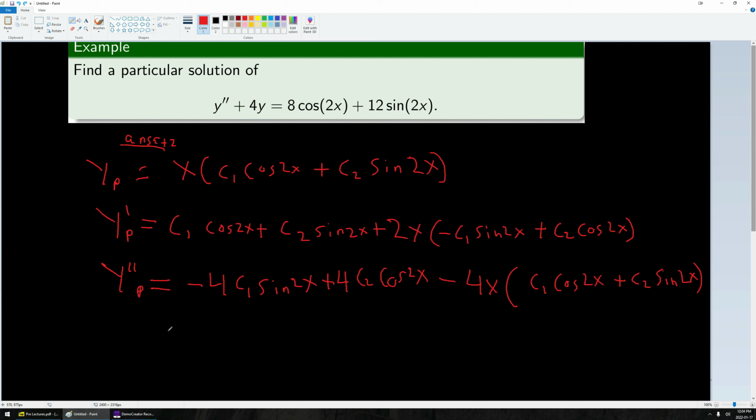So if we do that, I want to compute y double prime sub p plus 4 times y sub p, and we can notice something pretty immediately. This term here, this 4x with this sine cosine sum, is the same thing as this, just with a difference in sign. So this term cancels with this term.